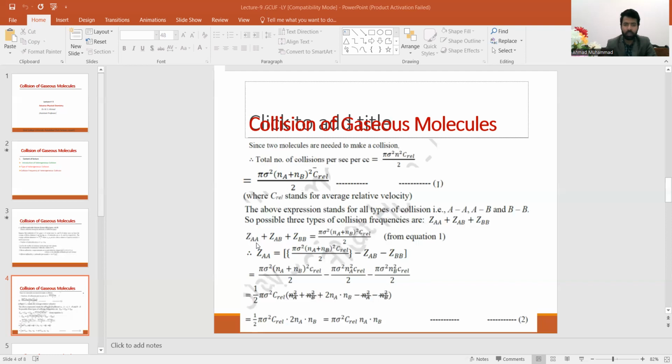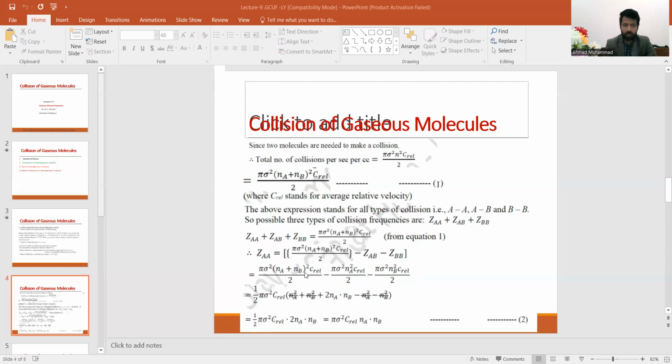Then if we want to find ZAB, it is equal to pi sigma square Na plus Nb square C relative divided by 2 minus ZAA minus ZBB. Then we can write this equation in this form by adding the values of ZAA and ZBB, which are pi sigma square Na square C relative and pi sigma square Nb square C relative divided by 2.